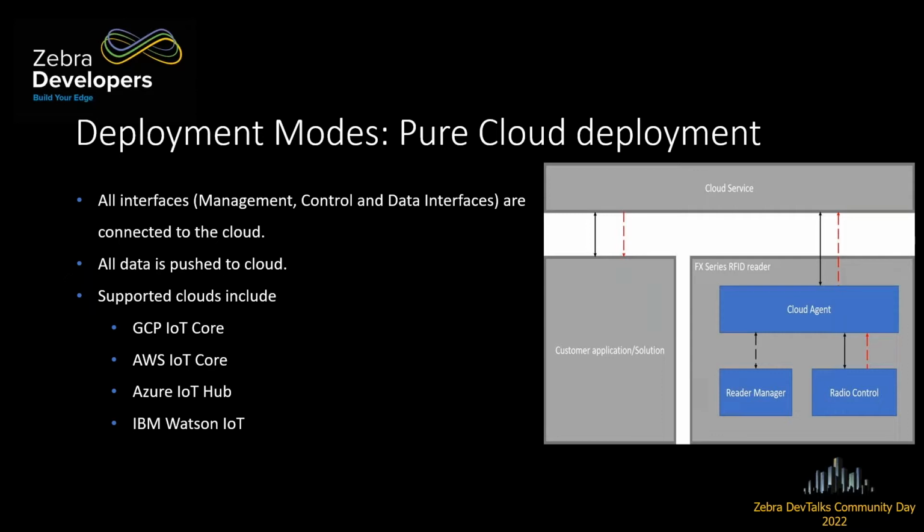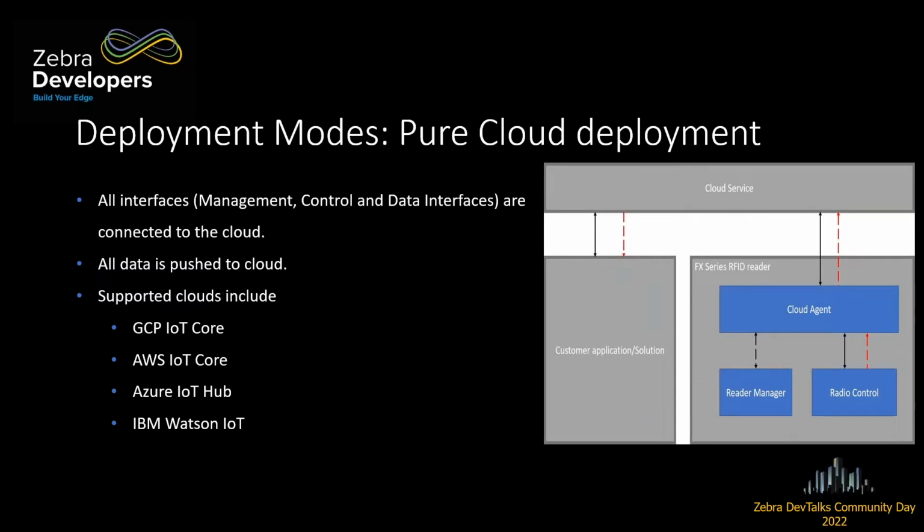cloud service provider. So if you are using, for example, the GCP IoT Core, the reader is actually connecting to the MQTT broker hosted by the GCP IoT Core. And if the customer application wants to manage that reader, then it needs to interface with the GCP IoT Core and send commands using the GCP IoT Core, and then receive the responses back.